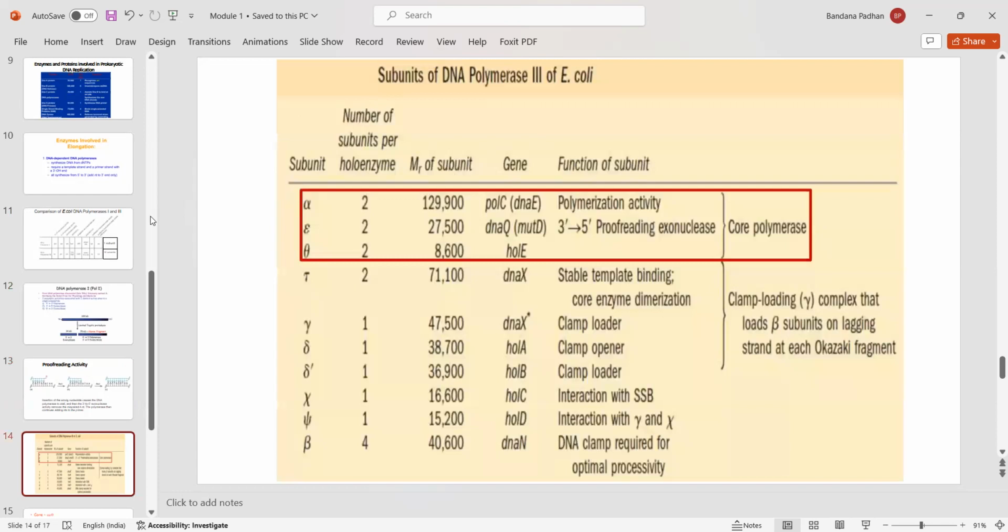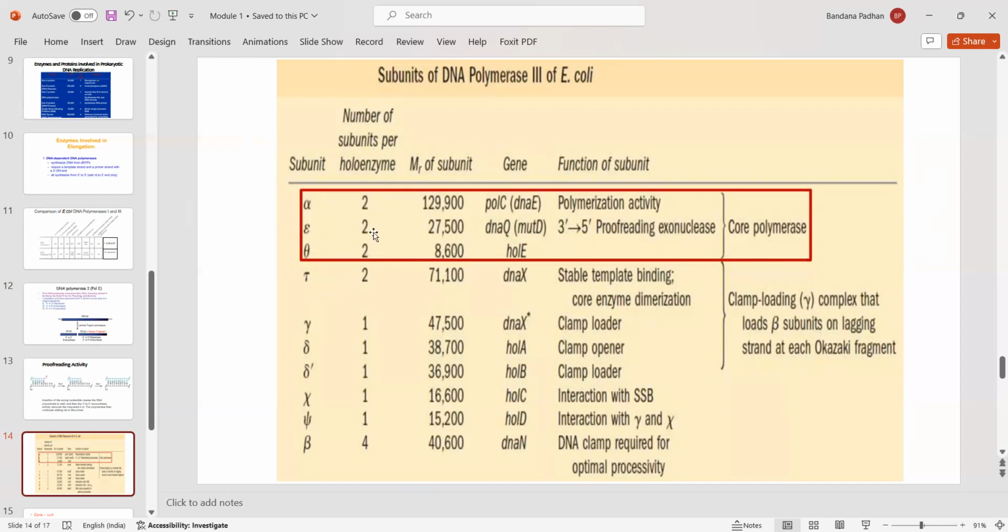As we already know, DNA polymerase 3 has 10 subunits. These subunits are the alpha subunit, epsilon, and theta. These three subunits are the core catalytic subunits of polymerase 3, and they help with polymerization activity and 3' to 5' proofreading activity.